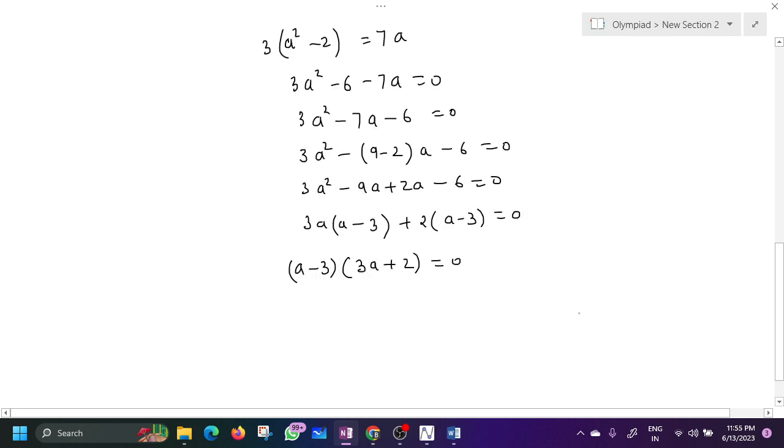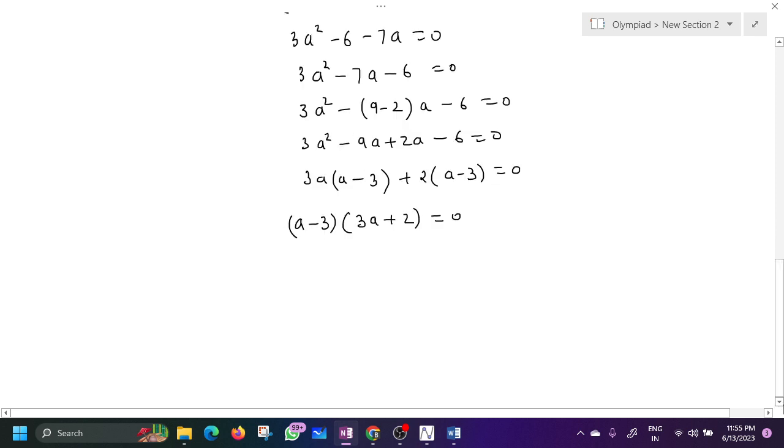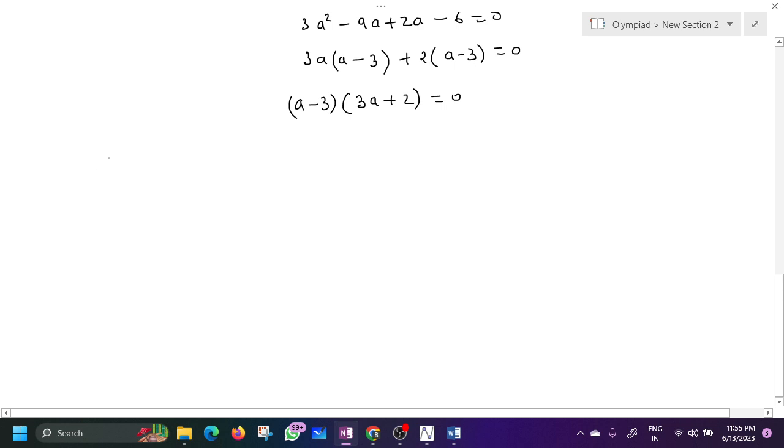Fine. Now let's examine both the factors individually. The first one, a minus 3 is equal to 0, will give you x plus 1 by x minus 3 equal to 0.